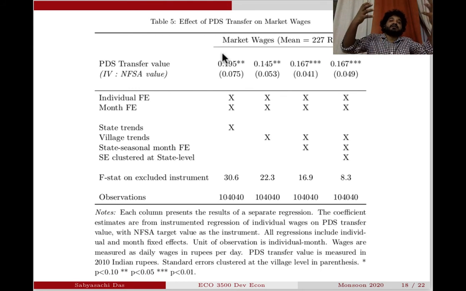So the wage income, if you multiply, is going up by a lot. That is the main point of this analysis, that it can have this additional effect on income, which goes beyond the social safety net.